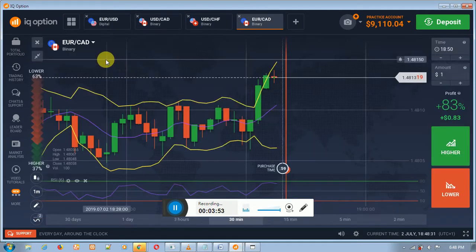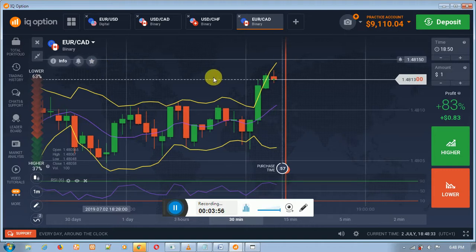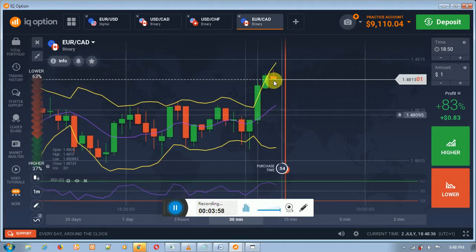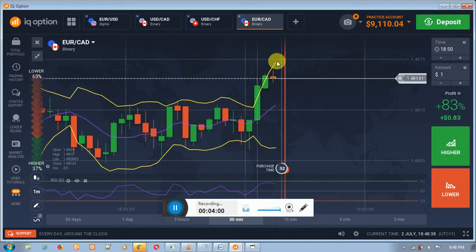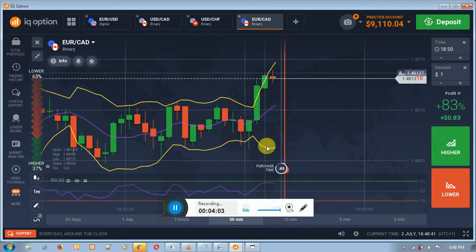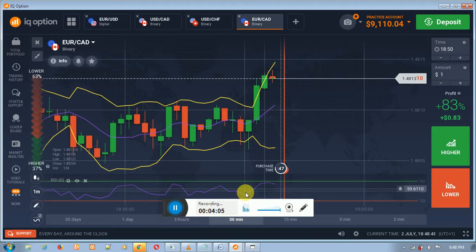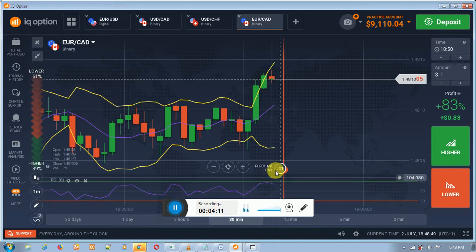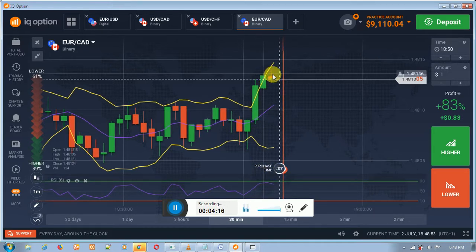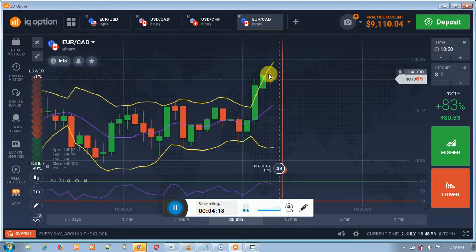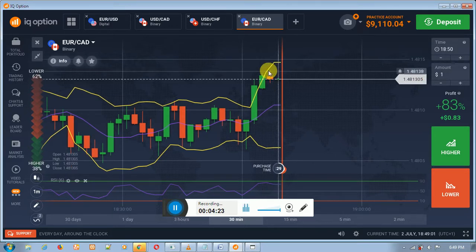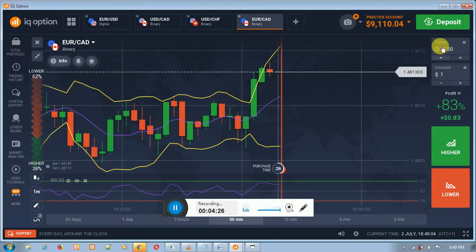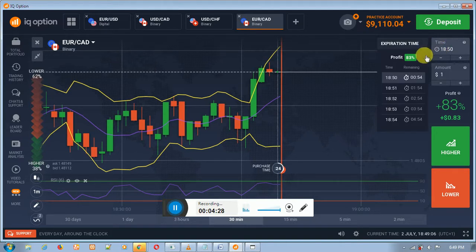Now the basic rule is this: if the candle is at the upper Bollinger Band and the RSI, relative strength index, is at the overbought here, and the candle is about to finish and it finishes inside the lower band, then definitely we should know that we go for 1 minute trading, 1 minute reversal candle, then 1 minute trading as well. This is 1 minute.